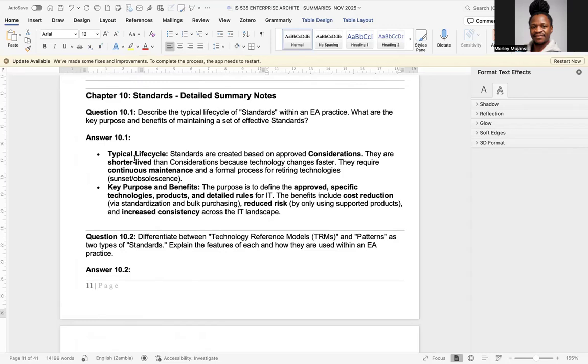The benefits include cost reduction, reduced risk by using supported products, and increased consistency.